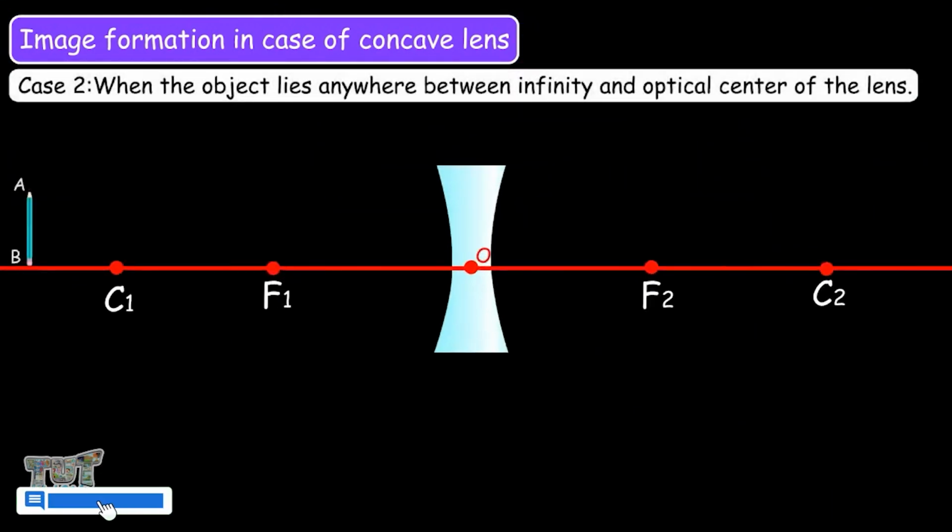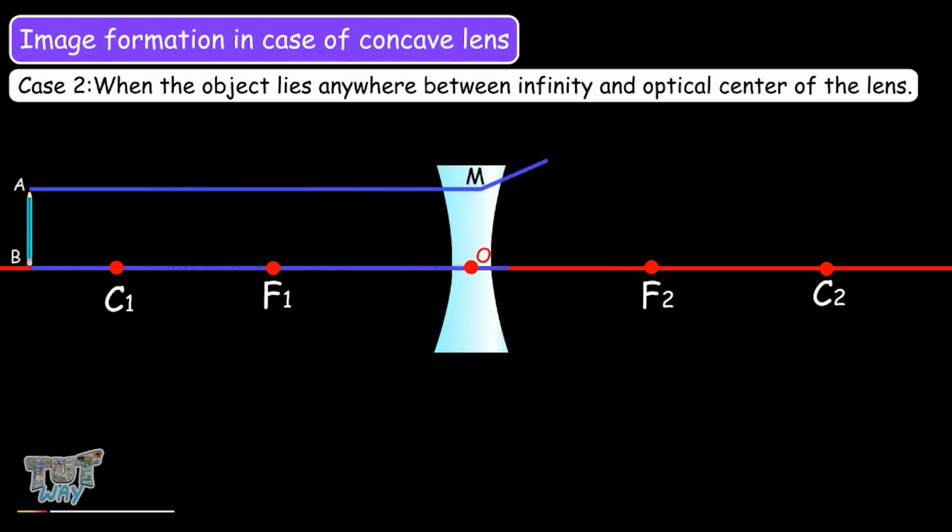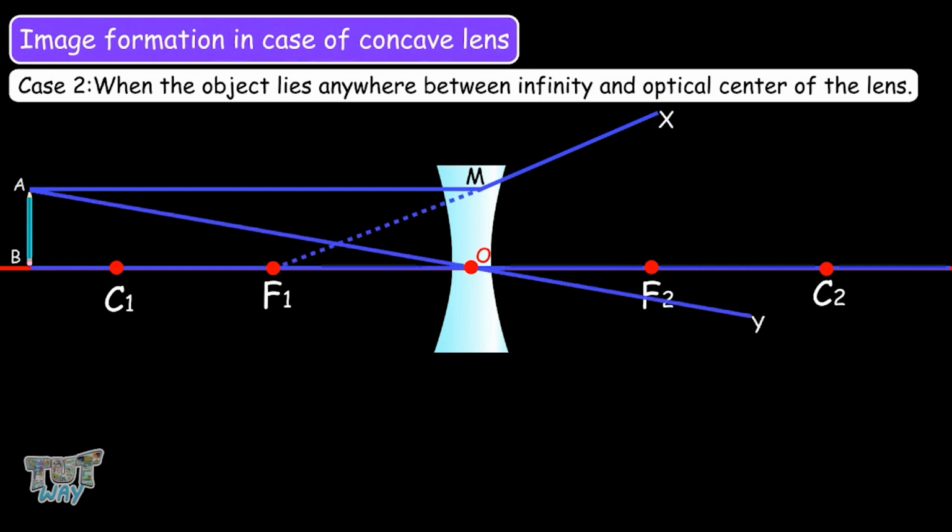Our second case is when the object AB is placed anywhere between infinity and the optical center of the concave lens. The light rays parallel to the principal axis diverge along the direction MX after refraction and appear to come from the principal focus F1. And the light ray that passes through the optical center goes without any deviation along the direction OY.